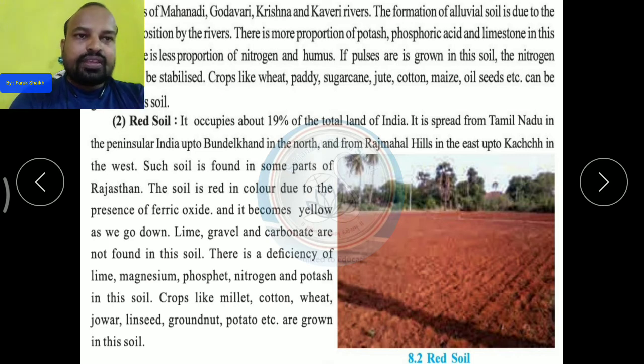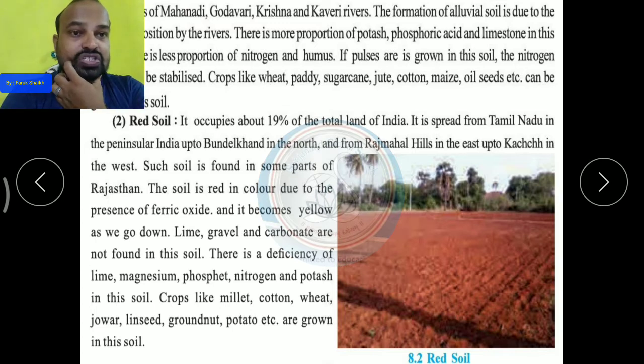The color becomes yellow because lime gravel and carbonates are not found in this soil. There is a deficiency of lime, magnesium, phosphate, nitrogen and potassium in this soil.